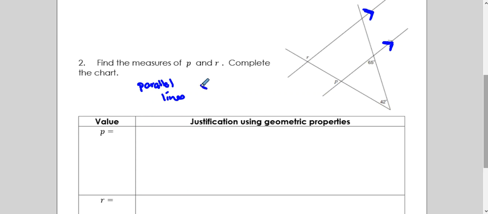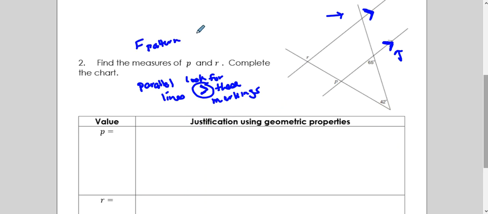So you're looking for these markings that tell us that. This is saying that we're going to use some of our F pattern, maybe C pattern, or my Z pattern.